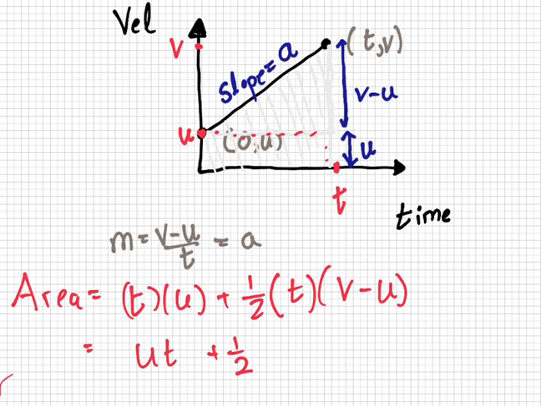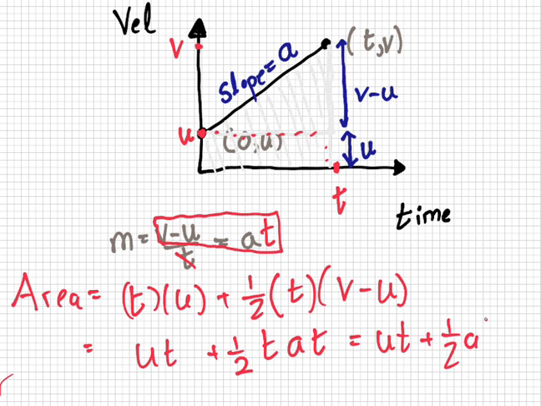If I take the T up to the right here, you have this result. V minus U equals AT. So that's a half T multiply AT. So that's UT plus a half AT squared. But what's UT plus a half AT squared? It's S. So that gives us our second result, that the area on the graph equals the distance.